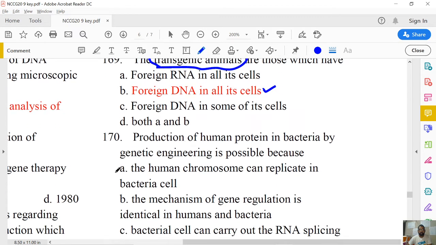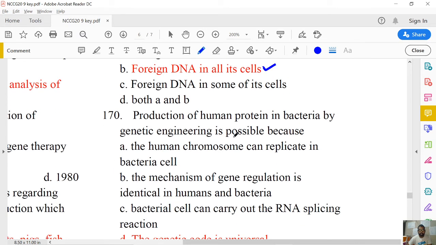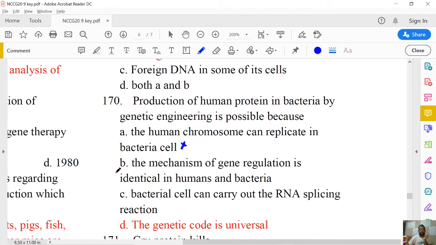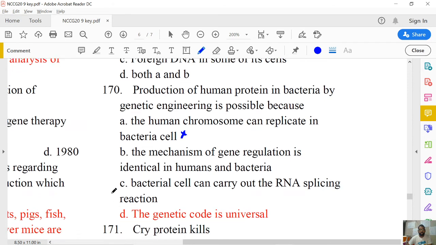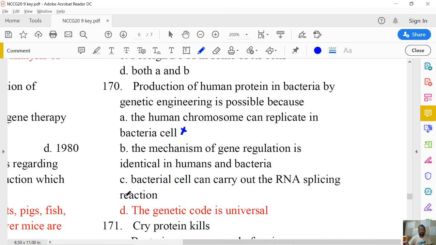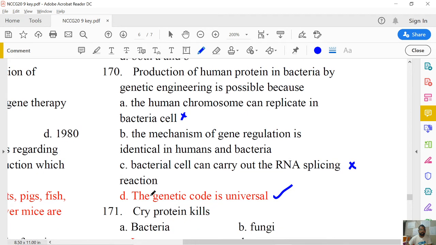Production of human protein in bacteria by genetic engineering is possible because human chromosome can replicate in bacterial cell, which is wrong. The mechanism of gene regulation is identical in humans and bacteria. Again, wrong. The mechanism will be different. Bacterial cell can carry out RNA splicing reaction. No, it cannot perform. Genetic code is universal is the reason.